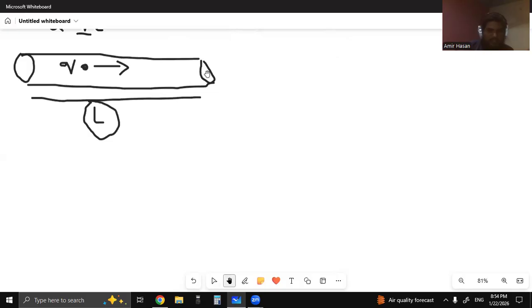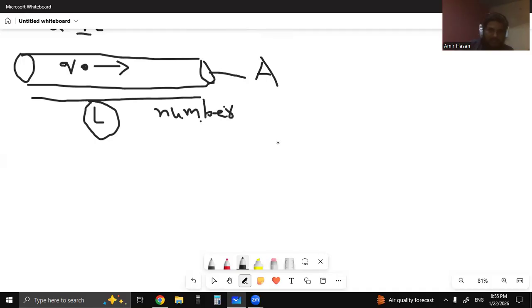If we consider the cross-sectional area of the conductor, this is A, a circular area. The number of charges moving we consider as n.